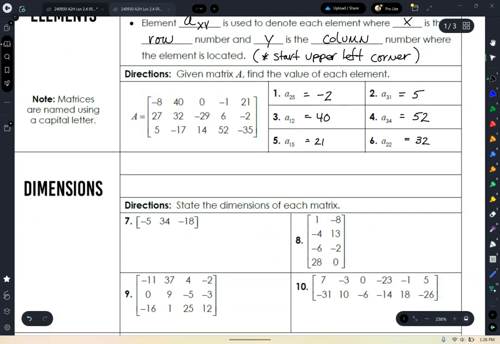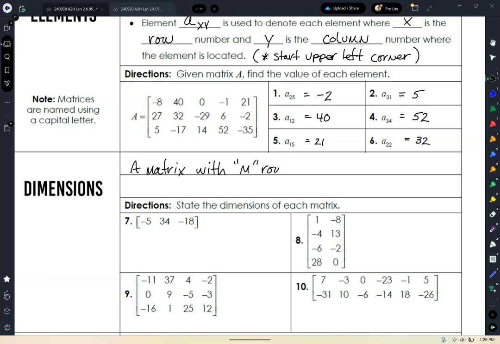Okay, so let's talk about dimensions, all right? So a matrix with m rows and n columns, and again, I'm just using variables here, is said to be an m by n matrix.